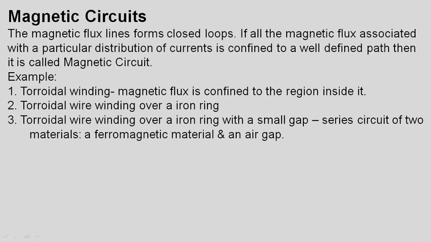Now in the case of a bar magnet, suppose you take a bar magnet, the north pole and south pole. The magnetic field lines inside are in a certain closed path, but outside they spread to a large distance.